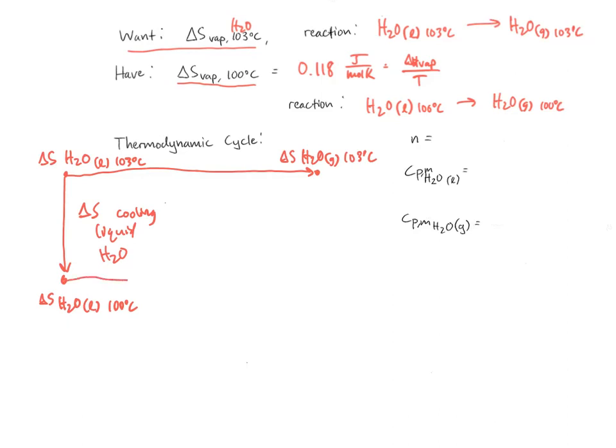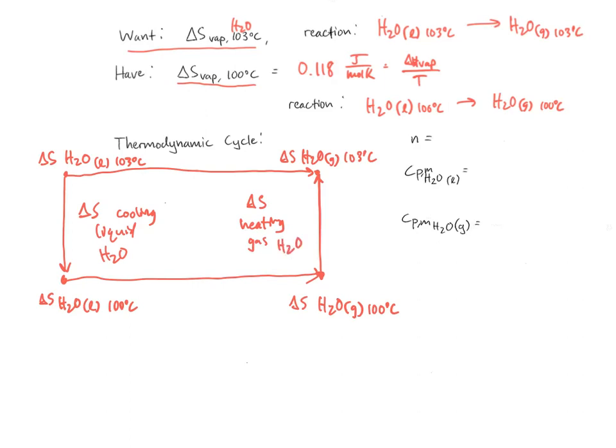Then we can calculate the entropy of going from the liquid state to the gaseous state at 100 degrees C, and that's that quantity that we know. And then we just need to calculate the entropy of bringing the gas back up to 103 degrees Celsius, so the entropy of heating the gas, H2O.